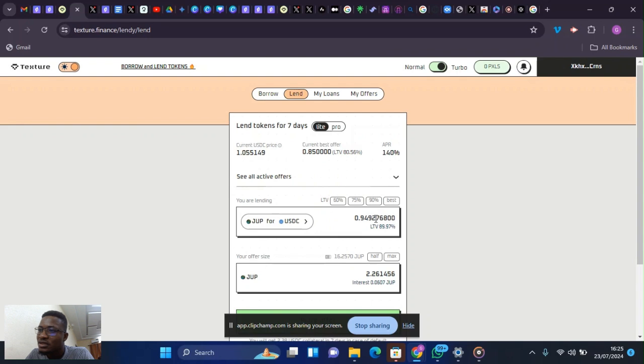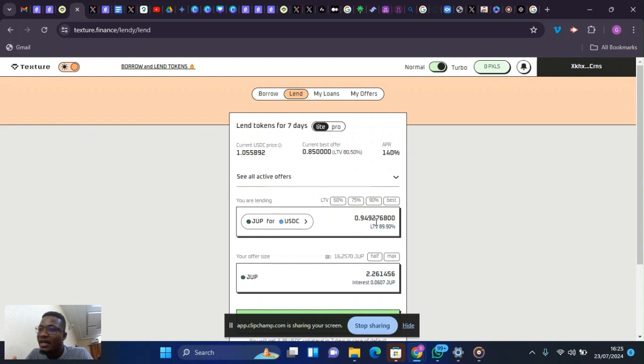Note that if you place it at 90%, you might likely get a borrower very fast. However, the token that is being used as collateral might dump or might not have a good market run. You might be at a loss because the borrower might not pay back, and you can only claim the collateral, and that's what you work out with.